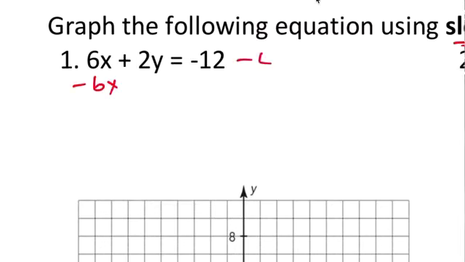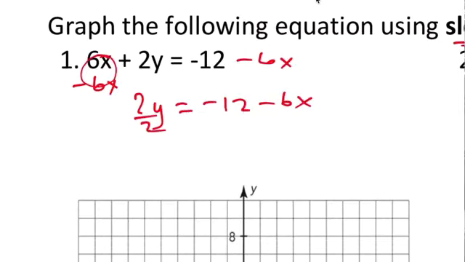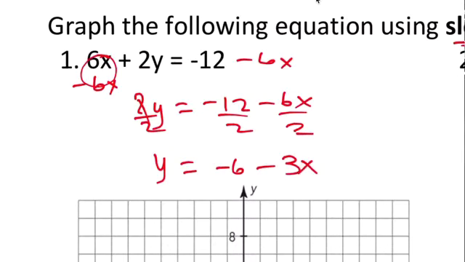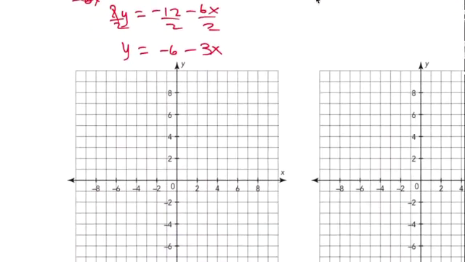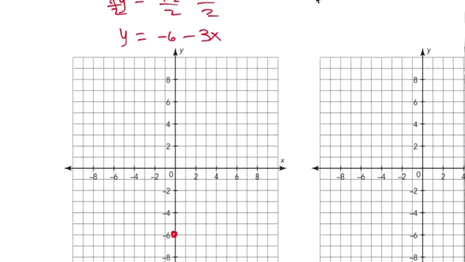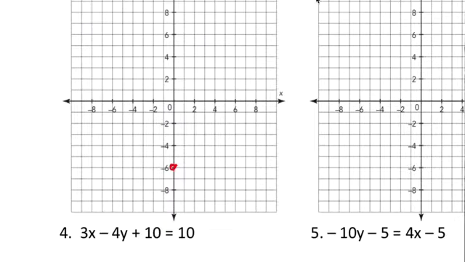Subtract 6x. They said to graph in slope-intercept form, so minus 12, 6x divided by 2. Y equals negative 6 minus 3x. Down 3 over 1.